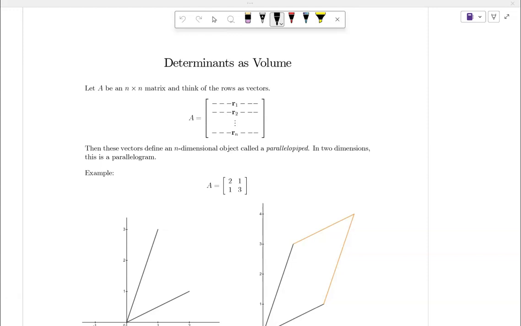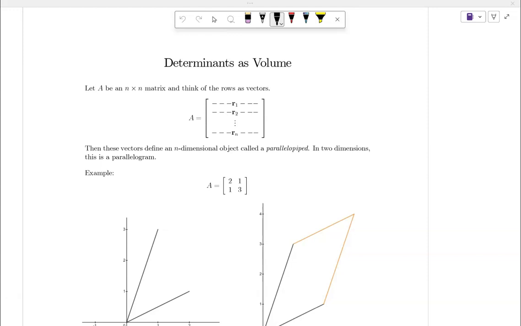Do the same thing for the second row, vector 1, 3. And if you've done anything with vectors in any other class, you've probably talked about adding them graphically. So you create the parallelogram so you can do the sum of them and go across the diagonal, right? But all we're doing here is, say, take a carbon copy of the 2, 1 vector, draw it at the tip of the 1, 3 vector out, and make it parallel. Because again, vectors aren't changed by translation, right?